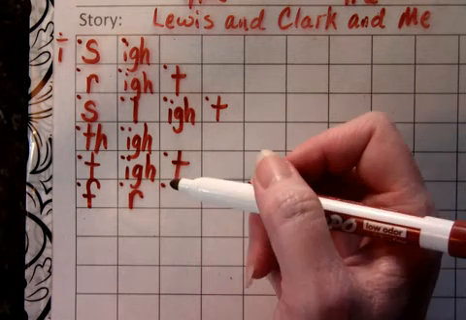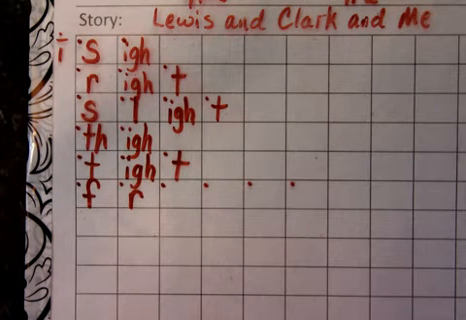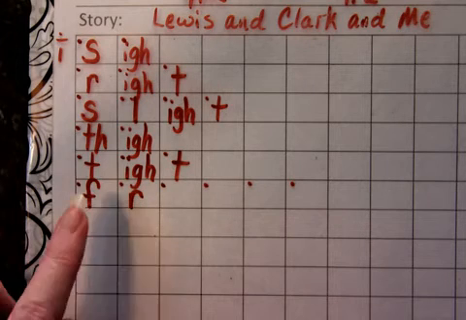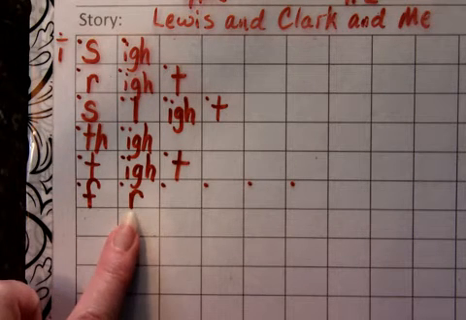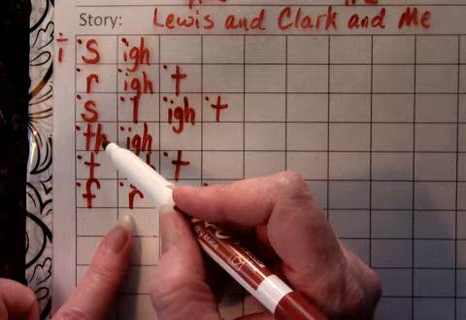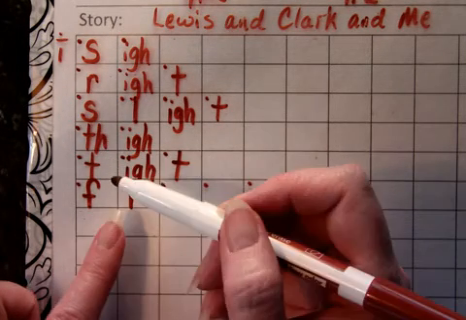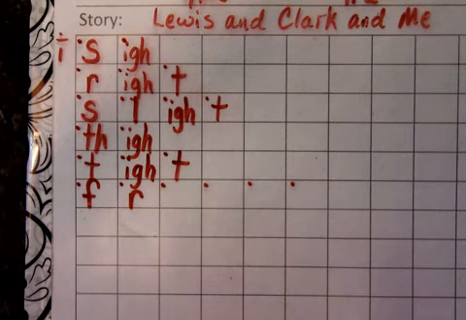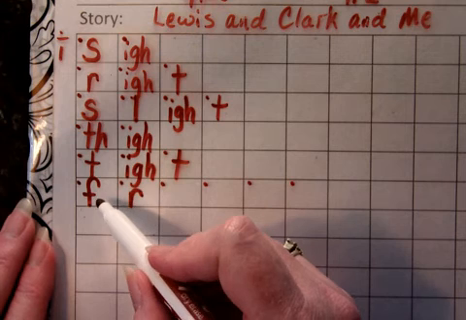When we're doing these boxes, which are called Elkonin boxes, because the gentleman's last name of Elkonin created this style of spelling and using these boxes. In Elkonin boxes, each sound is represented by a separate box. So the F is a separate sound from the R. The TH goes in one box because it represents one sound. That's why they're in one box. So the boxes represent sounds, not letters. So our word frighten.